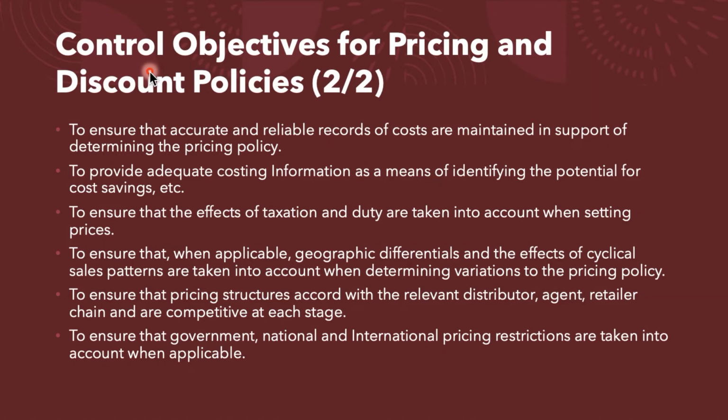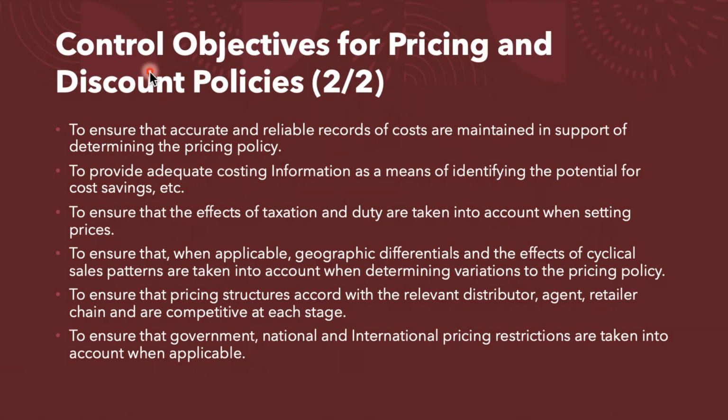Okay? Also, we have here to provide adequate costing information as a means of identifying the potential for cost saving. So aside from knowing the cost itself or knowing the costing information, we can also make some cost saving. Di ba?